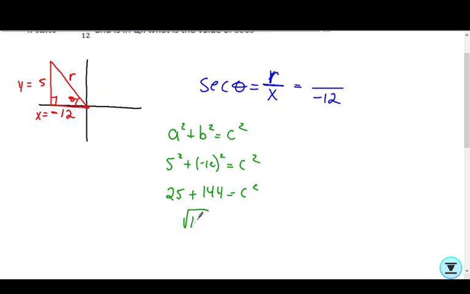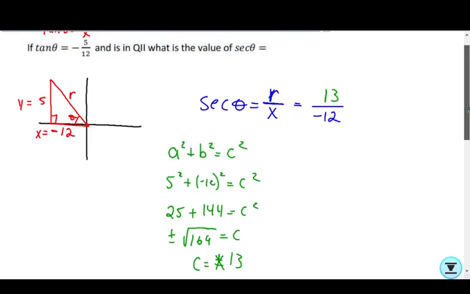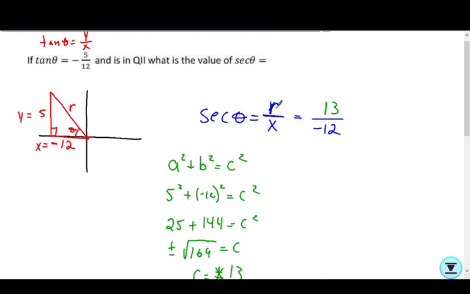So the square root of 169 equals c, and this should be plus or minus, which means c equals plus or minus 13. Again, we're finding our r. Can r be negative? Nope. So we just worry about the positive 13. We put positive 13 here. Our secant is r over x.